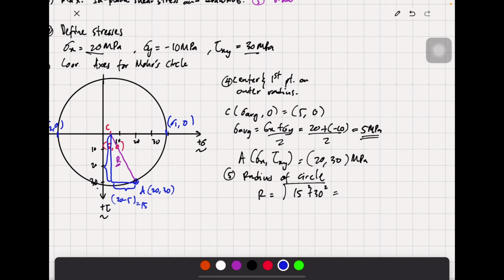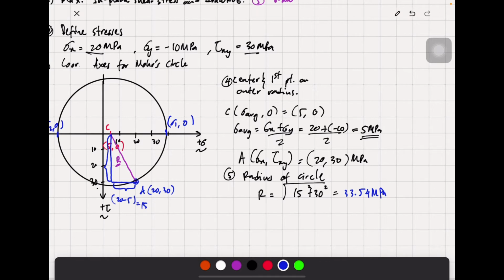So this is 33.54 megapascal. So the value for your R, the radius, is 33.54, which is equal to the maximum shear stress that we're going to follow up on later to answer question number 2.